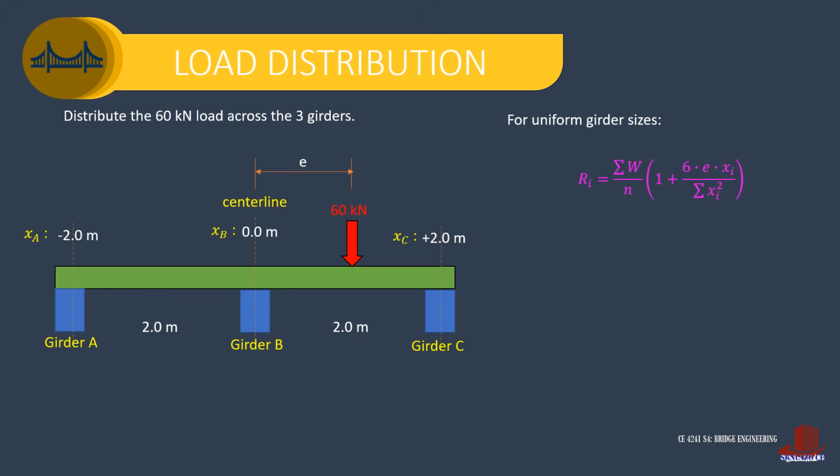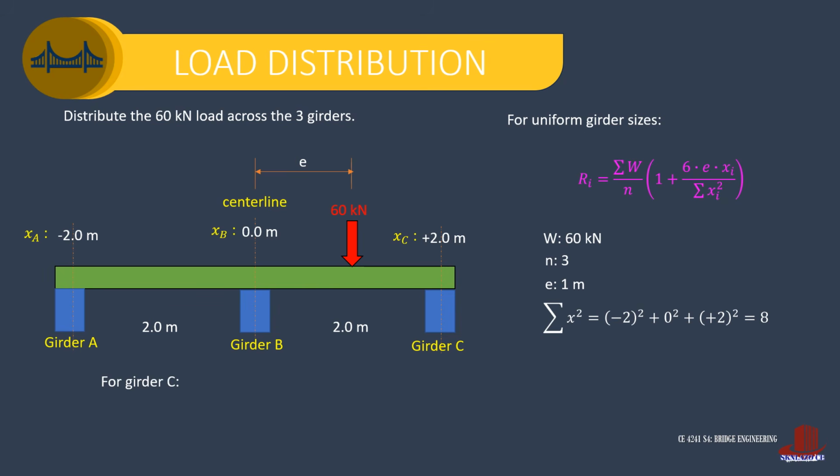Placing the numerics into the equation, we consider 60 kilonewtons for W, N is 3, and E is 1 meter. The denominator is the summation of the square of the distances of the girders. This is the square of -2 plus the square of 0 and the square of +2, which is then simplified as 8.